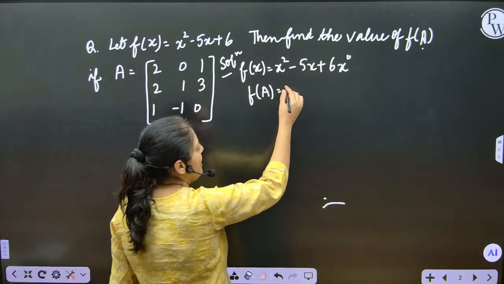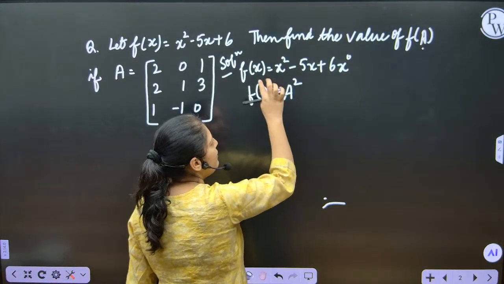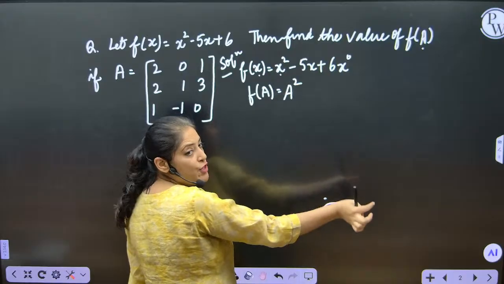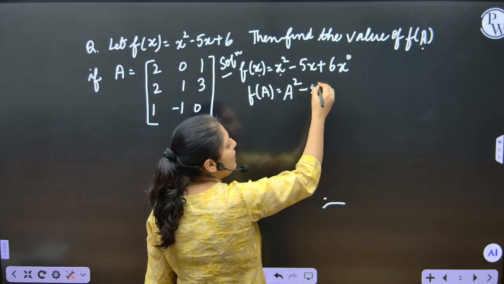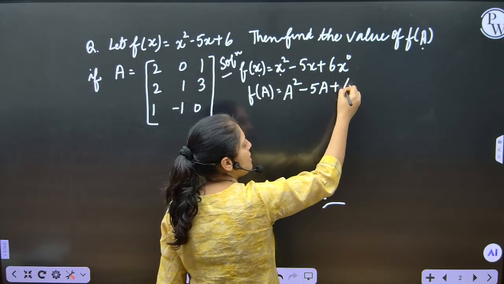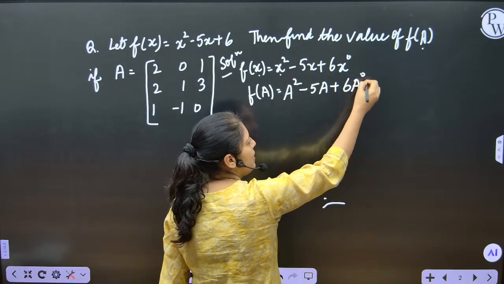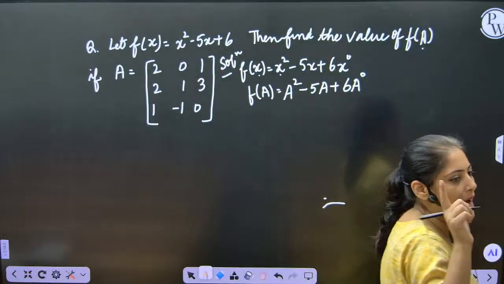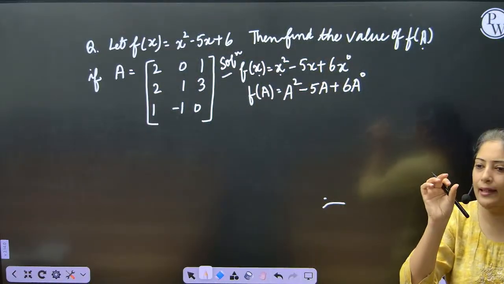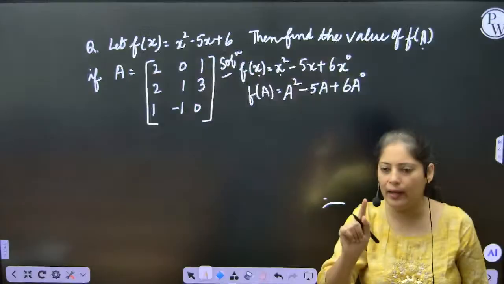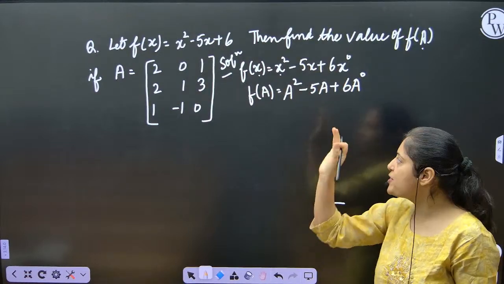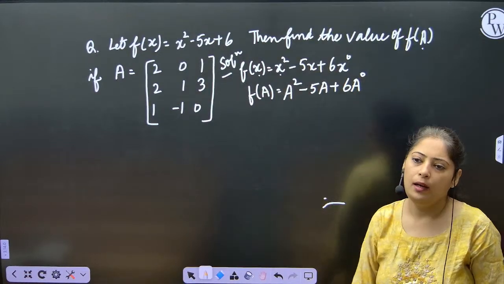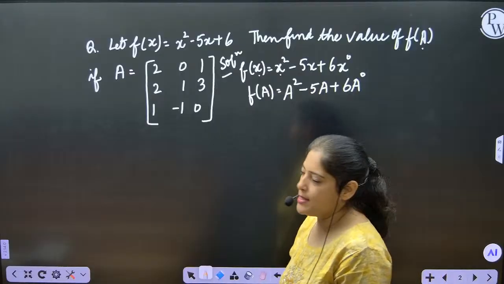So f of A is nothing but, wherever x is there, now I'll put A, minus 5 of A plus 6 into A raised to power 0. And any matrix raised to power 0 means identity matrix, because any number raised to power 0 means 1. So any matrix raised to power 0 means identity matrix.